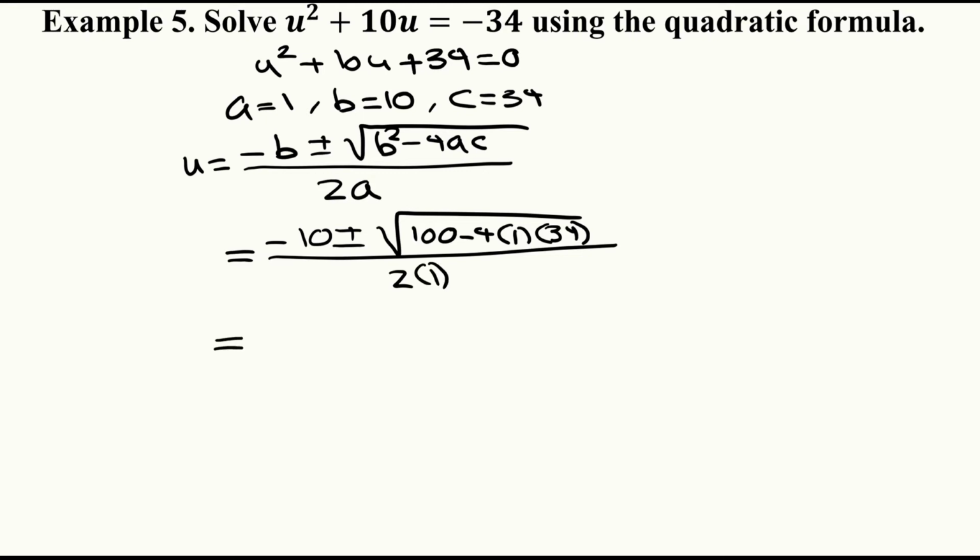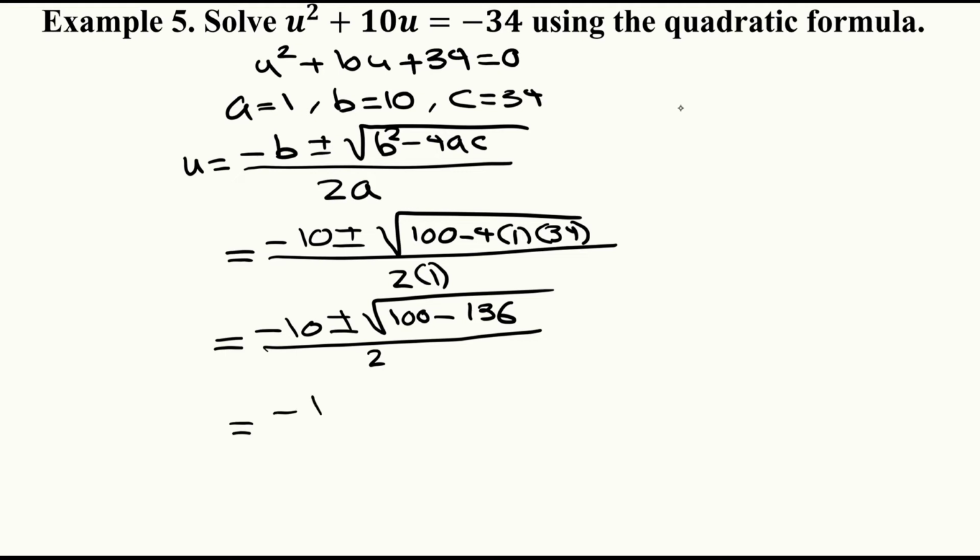So we have negative 10 plus or minus square root of 100 minus, okay, so here we have 4 times 30 is 120, 4 times 4 is 16, 120 and 16 gives us 136 over 2 times 1, which is 2.